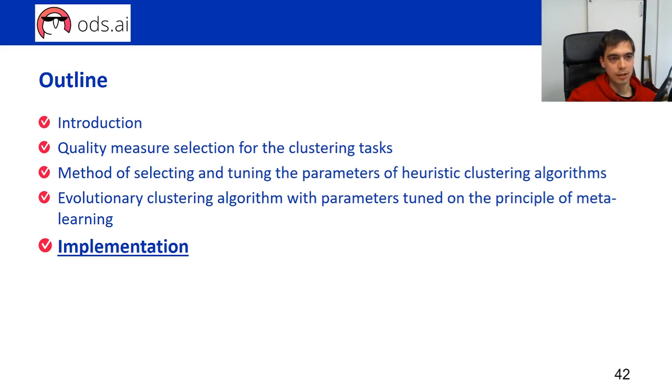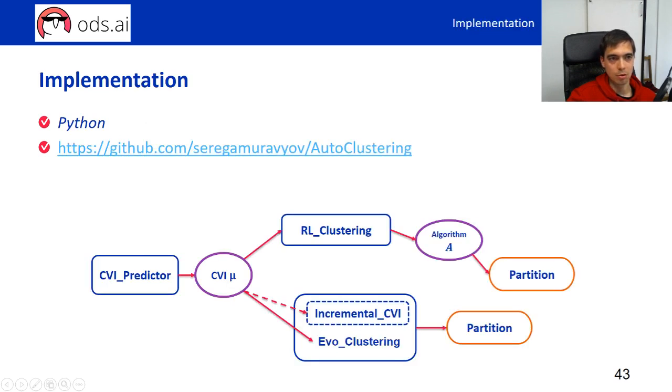Okay, so finally we move to the implementation. The whole software package was implemented in Python. The link is on the slide. Let's describe it a little bit. CVI predictor makes a recommendation for each dataset on which clustering measure we should choose. After that, it is fed either to the reinforcement learning unit or to the evolutionary clustering unit.